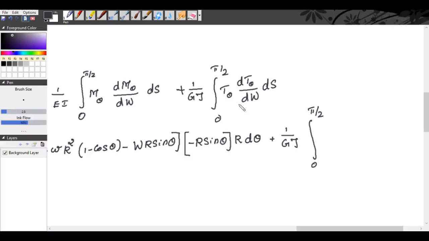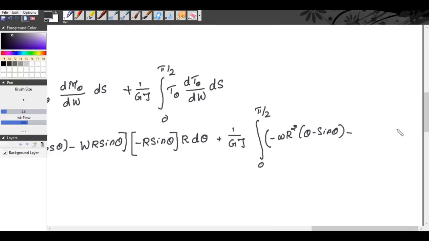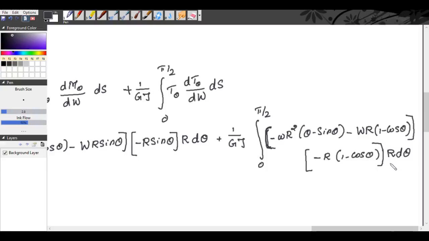We have found T theta to be equal to minus WR square into theta minus sin theta minus WR into 1 minus cos theta, multiplied by d theta by dW, which is minus r into 1 minus cos theta into r d theta. ds is r d theta.